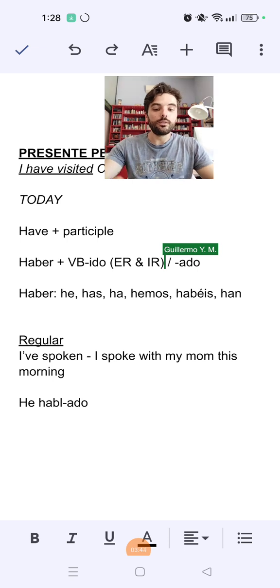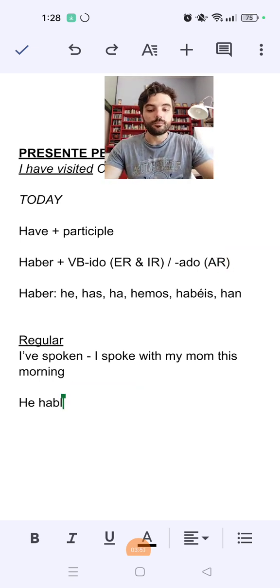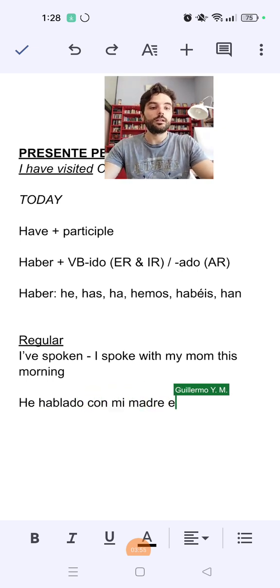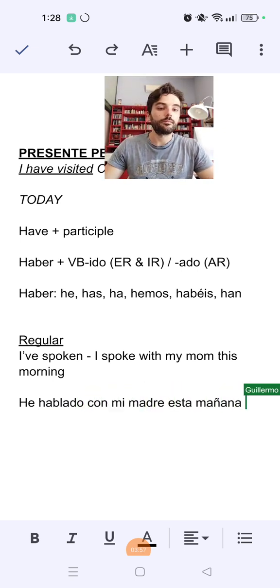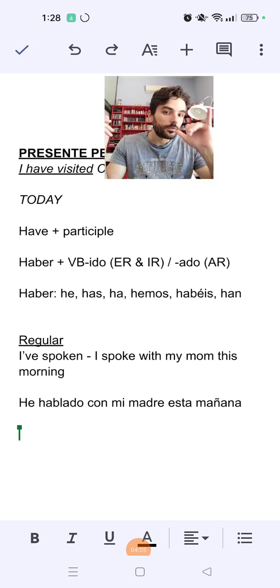And then ado is for AR verbs. Okay, so it's quite simple. He hablado con mi madre esta mañana, right? He hablado.